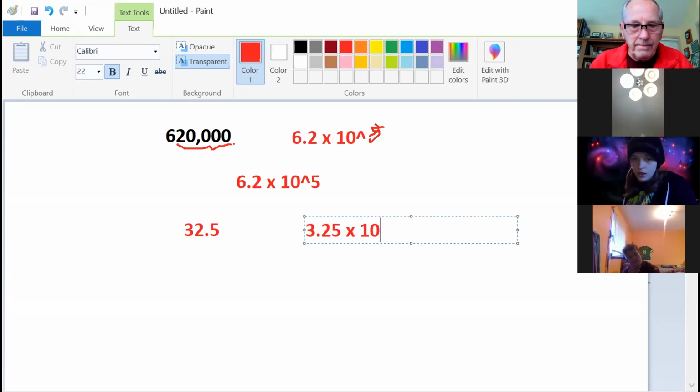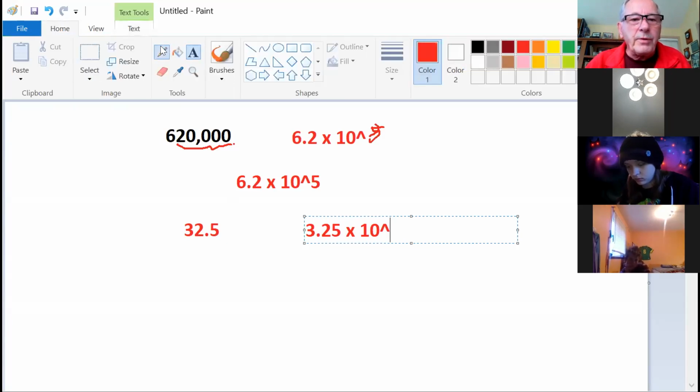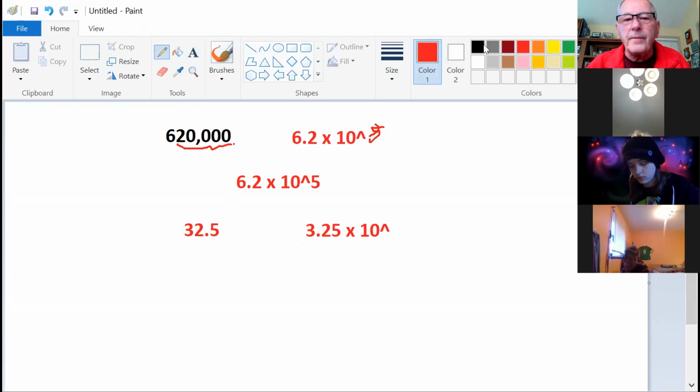Is that where you put the 5? Well, no, there's no 5 in this one. Look, it's 32.5. All I've done is move the decimal place over. Here, I just moved it 1 over. So I get 3.25, right?